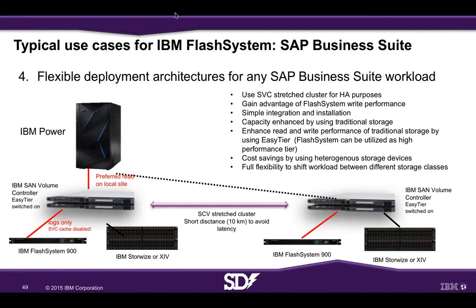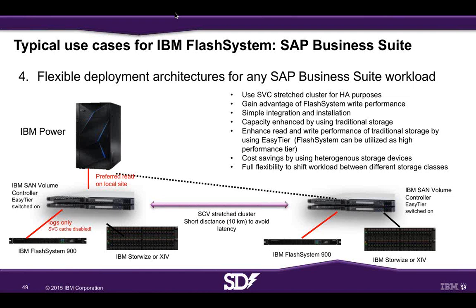In the SAP Business Suite, or all the SAP implementations, we showed folks how if you put this flash array in, the FS900, at the time it was the 840, but same concept, an all flash array. The 840 was the original version, and now we're up to the FS900 version 4, which went from 20 terabytes to 57 terabytes, etc.